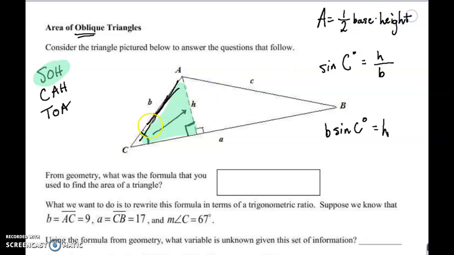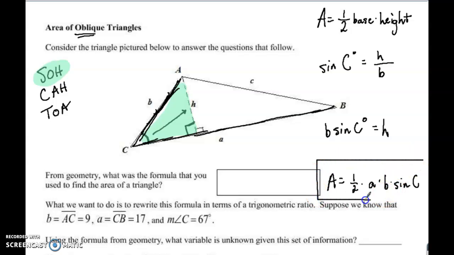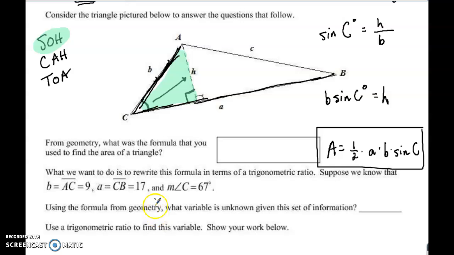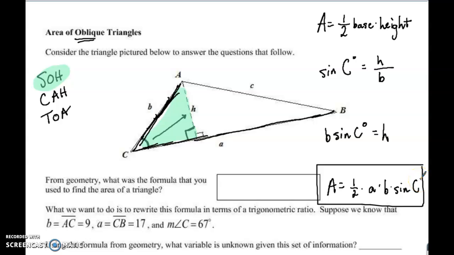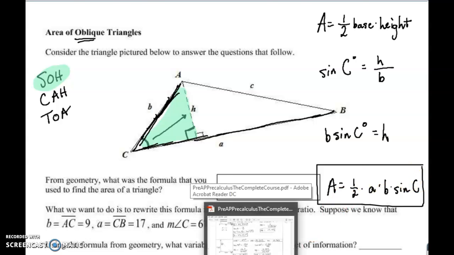In my work right here, the base is not letter B. The base in the problem is made with a right angle, so that's side length A. So the area is 1/2 times side length A, and the height we just figured out is B times sine of C. And instead of working through the notes this way, through the example, this is the area formula that we will be using. So let me go to the answer key.